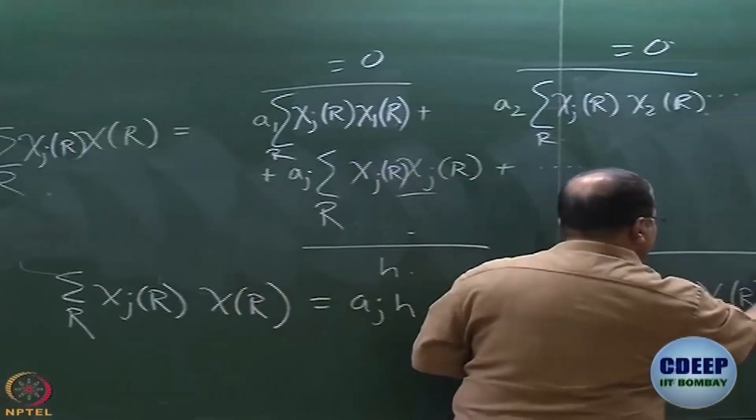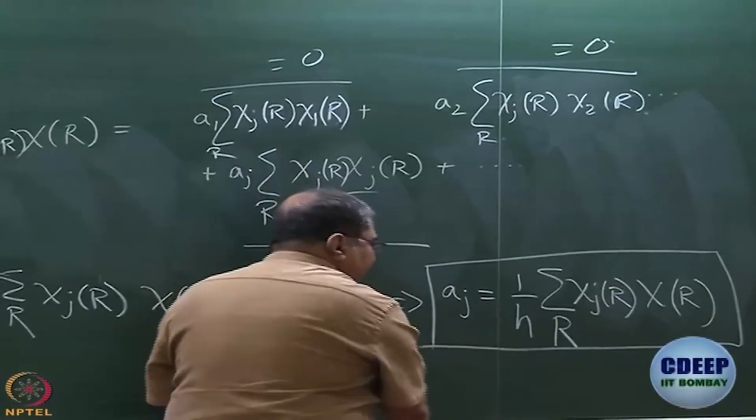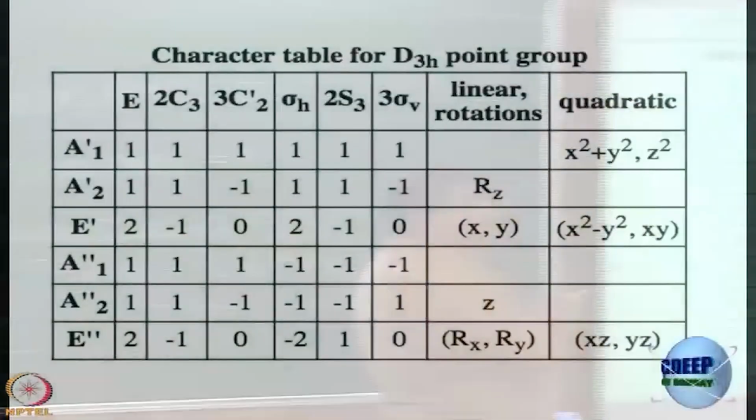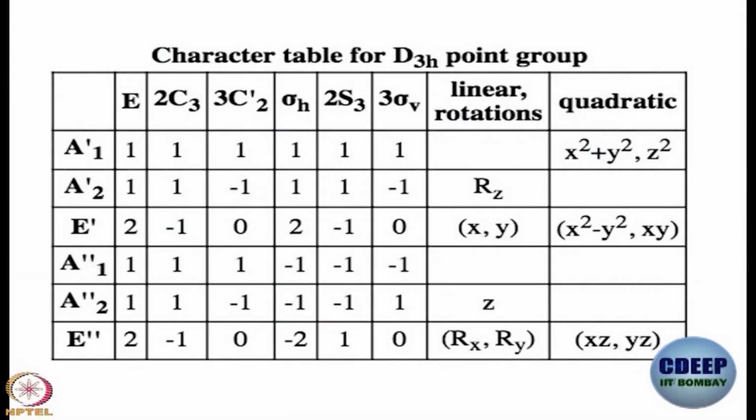What is Aj? Aj is the coefficient of the jth irreducible representation. What is chi j of R? It is the character for symmetry operation R in the jth irreducible representation. What is chi of R? It is the character of the same symmetry operation R in the reducible representation. Okay.